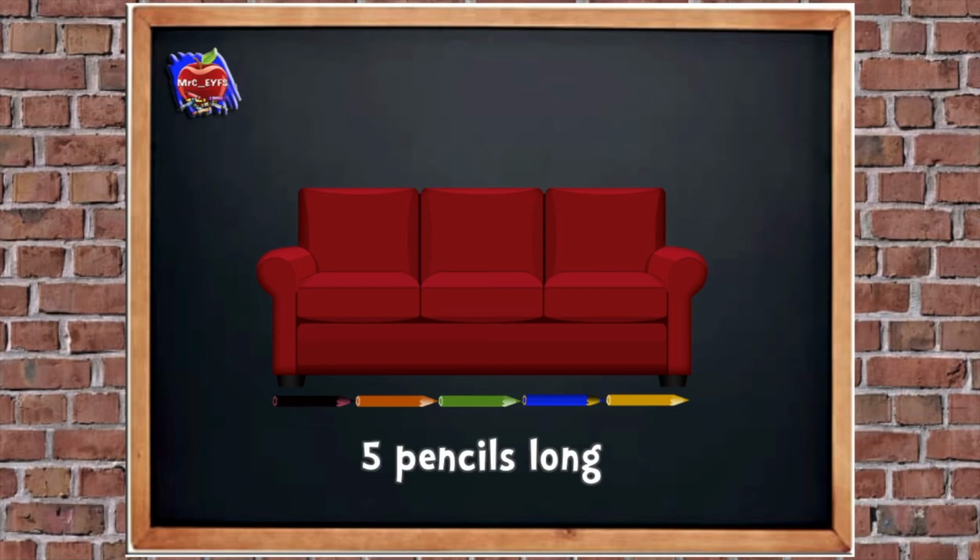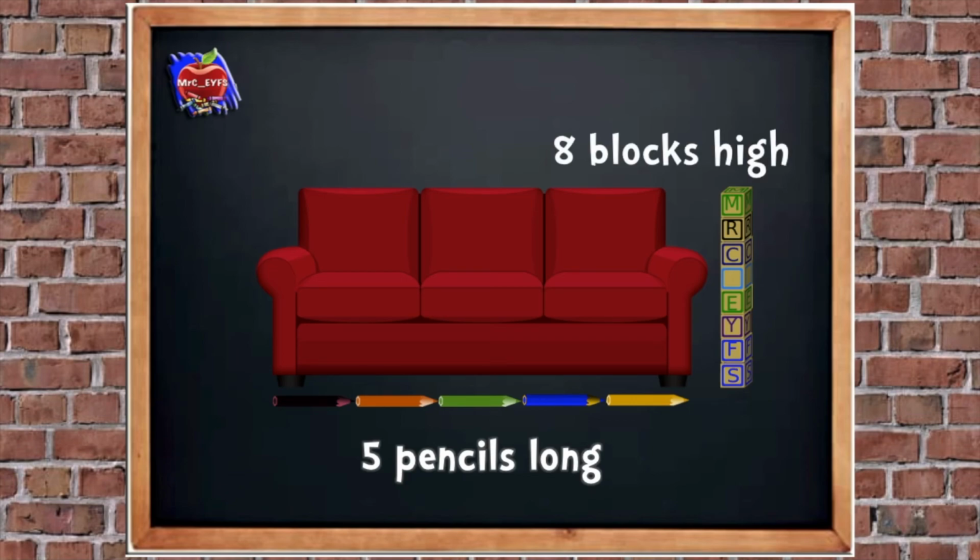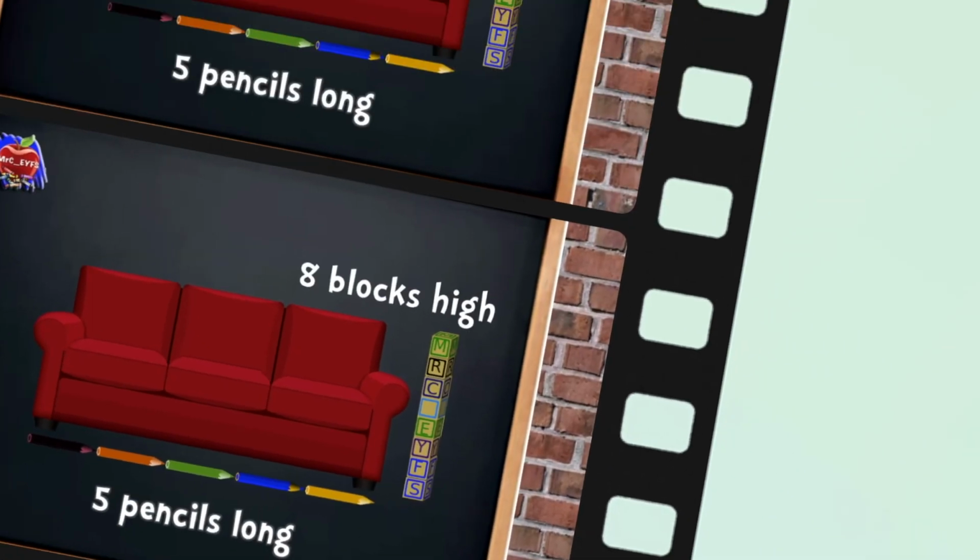Now I'm going to measure the height, and I'm going to use my blocks for this. So we've got 1, 2, 3, 4, 5, 6, 7, 8. So I know my sofa is 8 blocks high. Alright, have a go at that, and you can measure anything using absolutely anything.